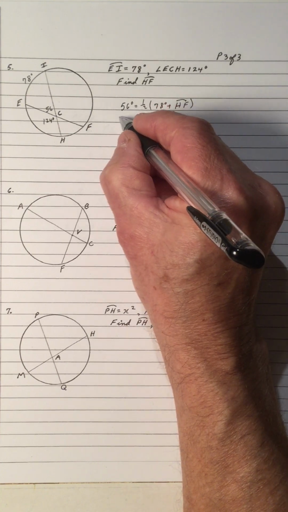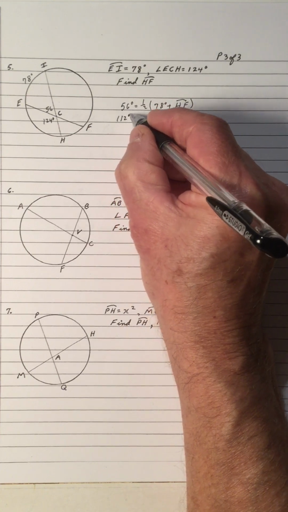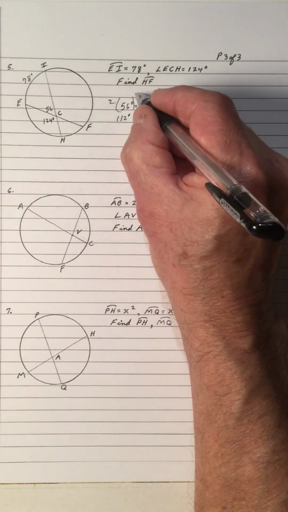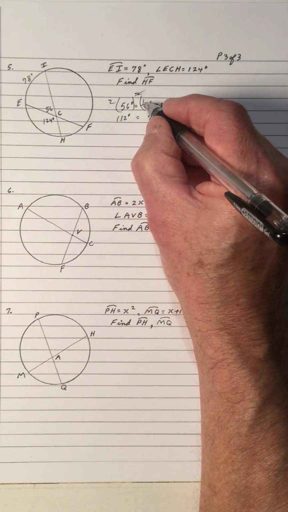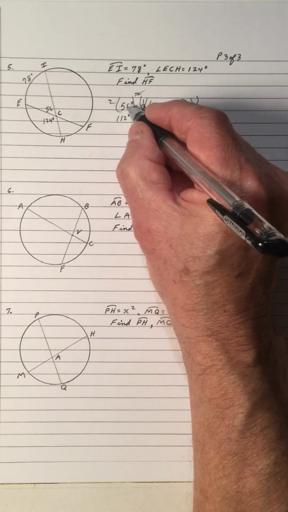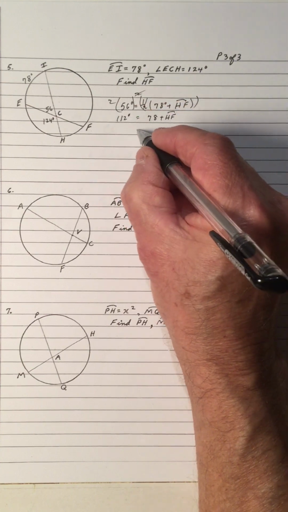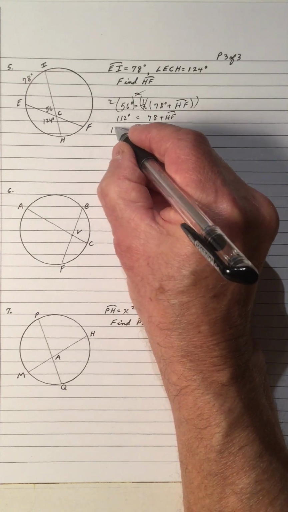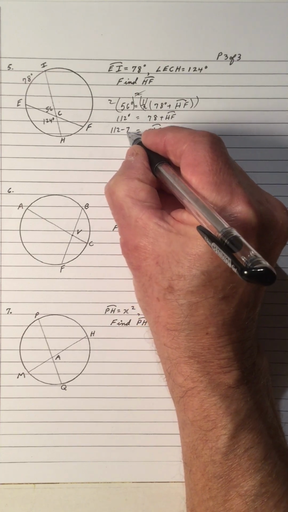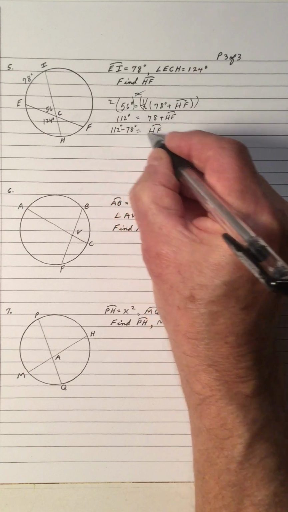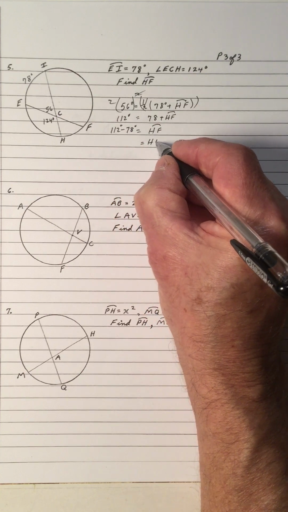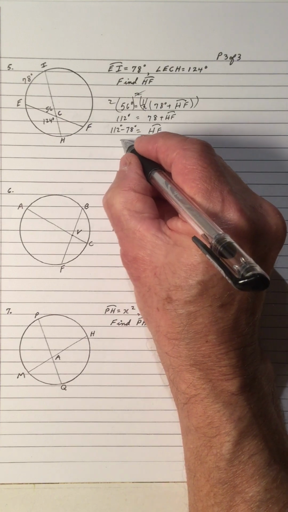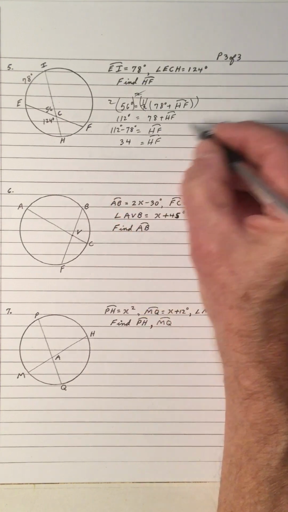And we double this side, we get 112. So we're multiplying both sides by 2. So half times 2 is 1. 2 times 56 is 112. Now that means that the arc HF is 112 minus 78. So that means that the arc HF is 34 degrees.